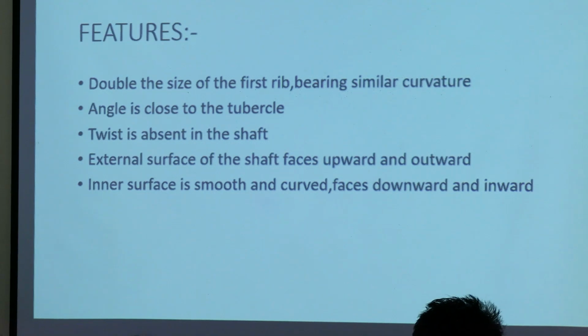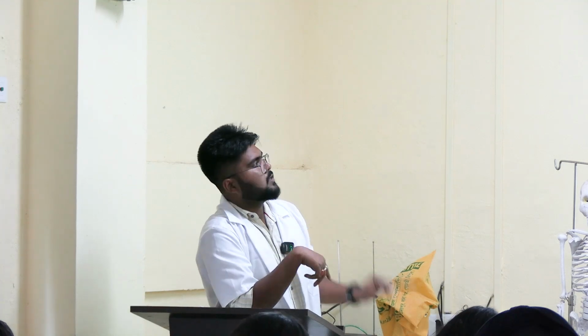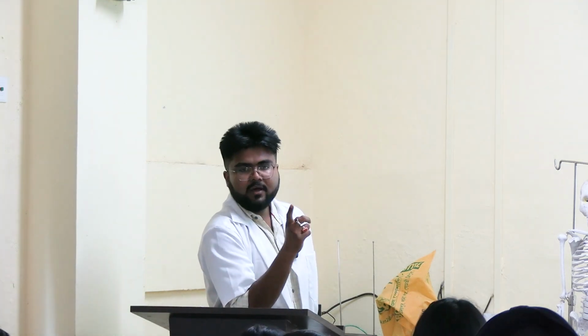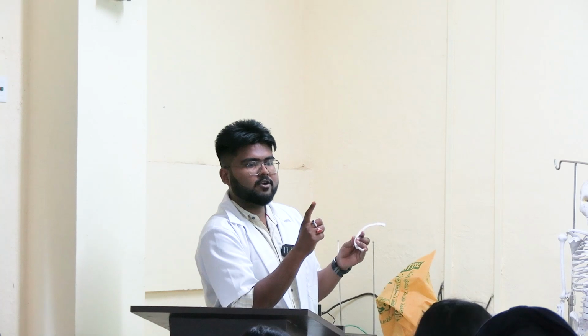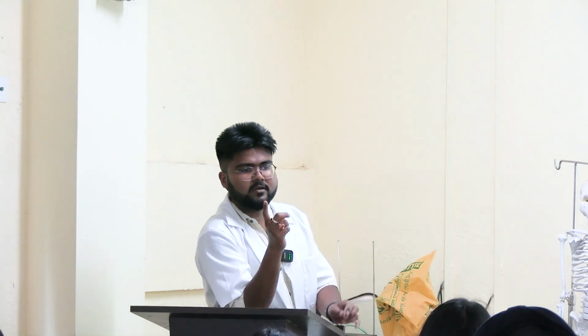Now see the muscle attachment. Okay, in the middle of the outer surface, one rough area is present. Here the serratus anterior muscle is attached, the lower part of the first digitation of the serratus anterior. Can anyone tell how many digitations are present in the serratus anterior? Yes, 8 digitations are present.